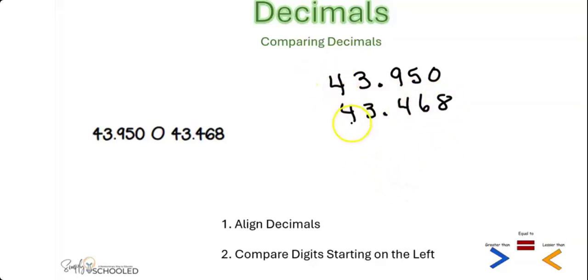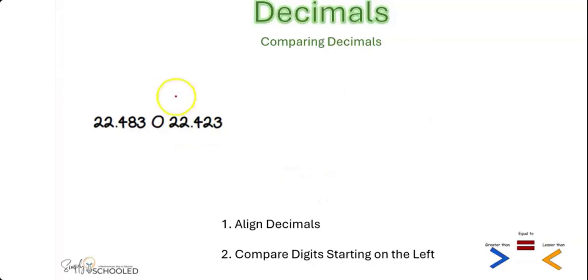Again, we start at the left. The tens are the same. The ones are the same. Here is where they're different. Okay? The 9 is larger than the 4. So we automatically know that this is greater than. It's greater.